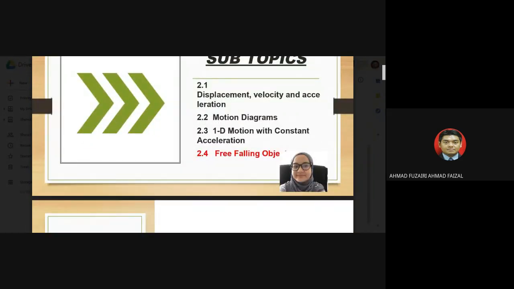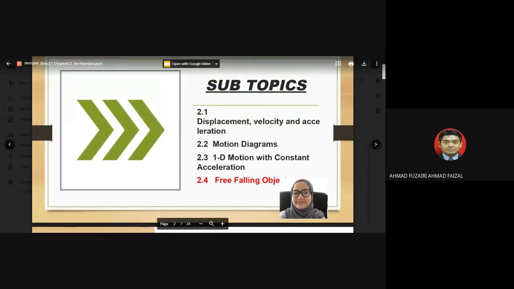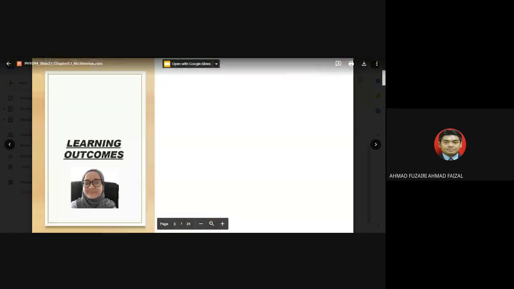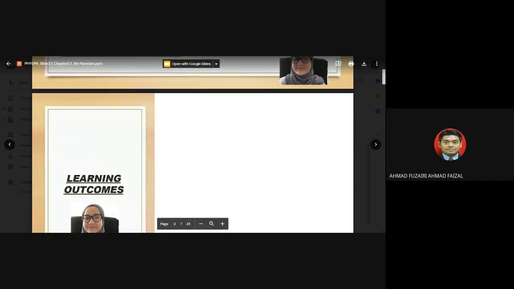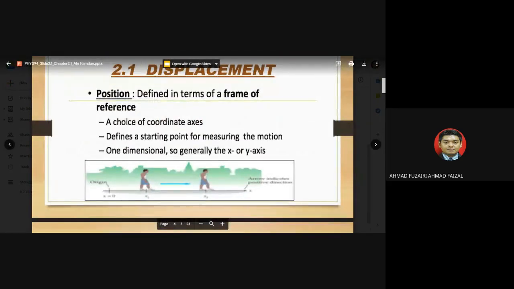Madam Ain is discussing displacement, velocity, and acceleration for 2.1. You will learn things related to 2.1, 2.2, 2.3, and also 2.4 this week. Of course, you cannot see the learning outcomes over here, but basically they are there.